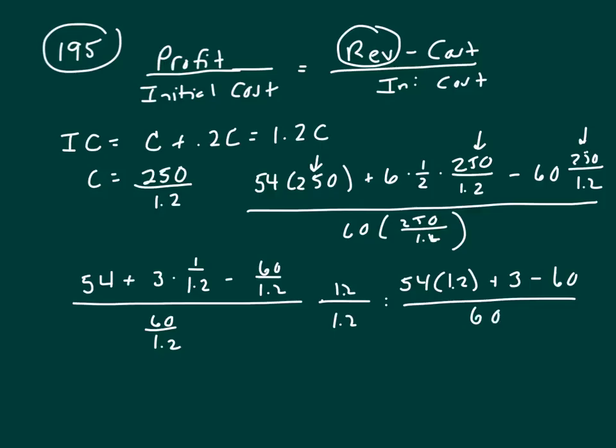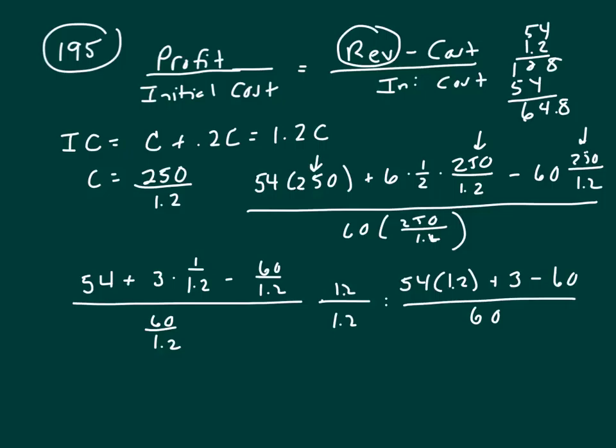So that will be 54 times a 1.2 plus a 3 minus a 60 over a 60. All right, so now let's figure out what is 54 times 1.2. That's 4 and a 6, so 64.8.